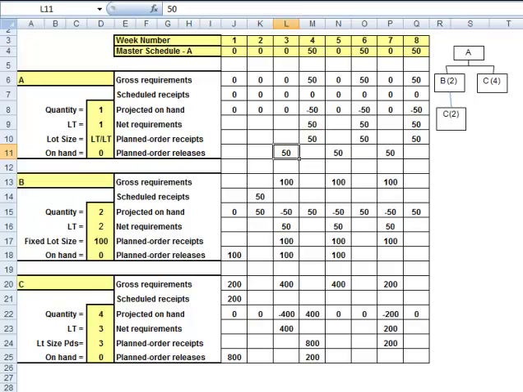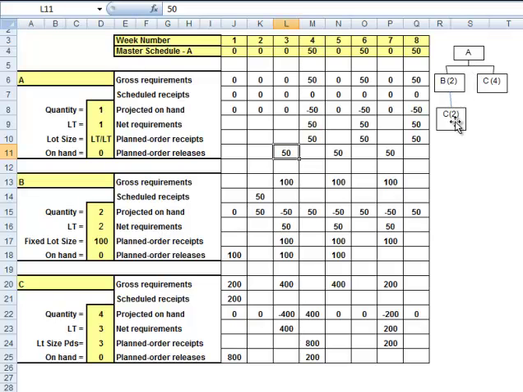Well, if you look at the diagram, it takes 4 C's to make 1 A, and it takes 2 C's to make 1 B. So therefore, going through the B level, it takes another 4 C's to make 1 A. So 1 times 2 is 2.